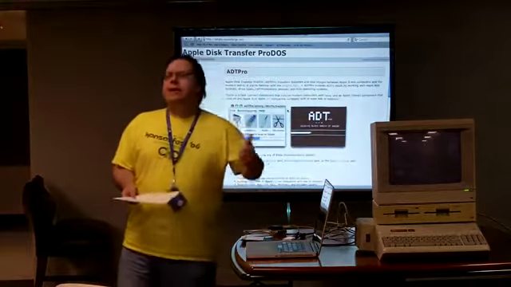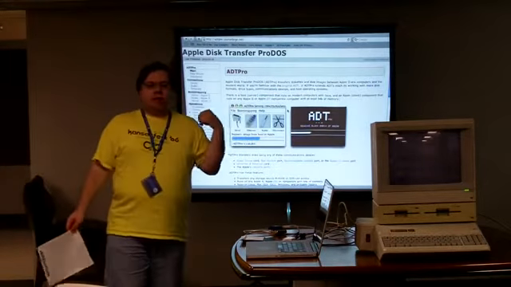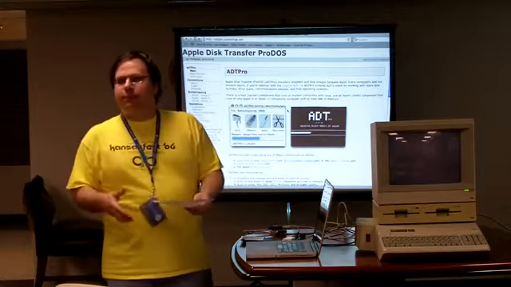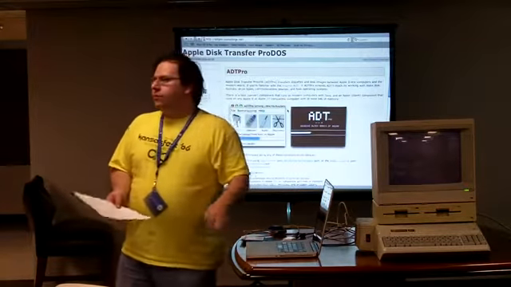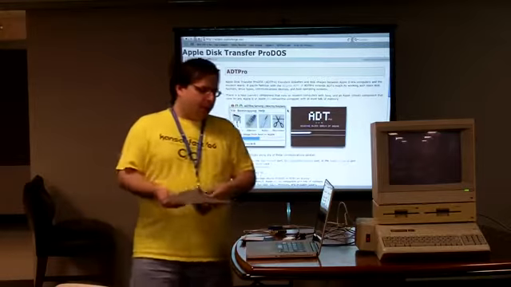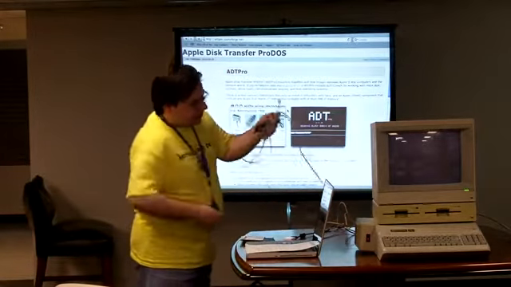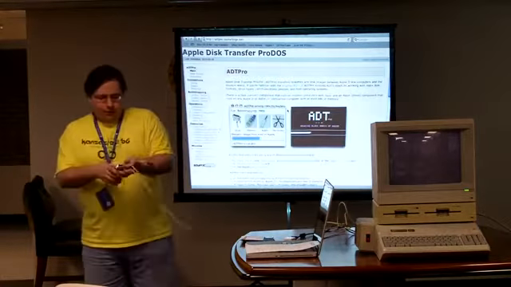There's a company that makes cables that you can get and attach to your USB to serial adapter for your modern computer, and I'll show you that website in a minute. I did not buy my cable from them. I just bought off-the-shelf parts at Micro Center.